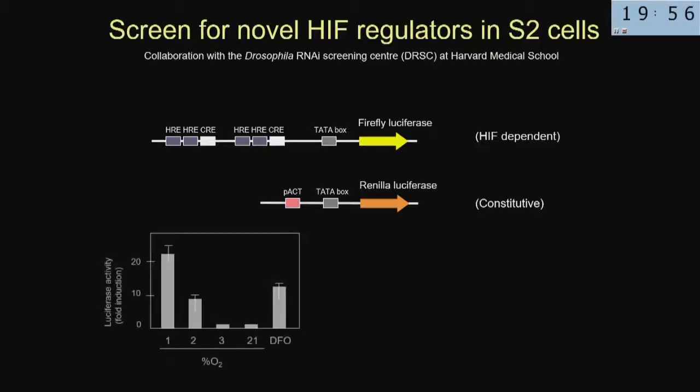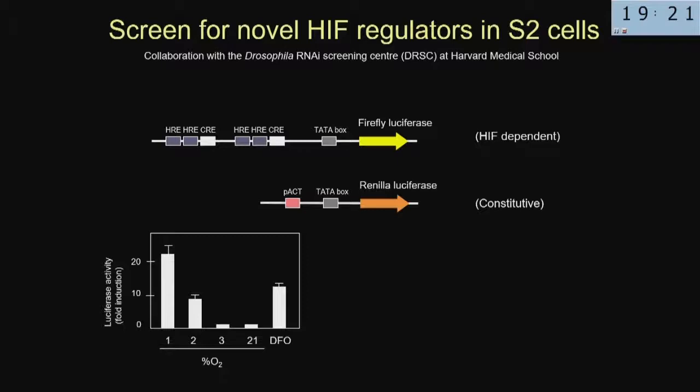As you can see in this graph, as oxygen concentration goes down, luciferase activity goes up, so the reporter works. Interestingly, it's not only regulated by oxygen, but also by iron, so that if we include in the cell culture this iron chelator, deferoxamine, the reporter is also induced.